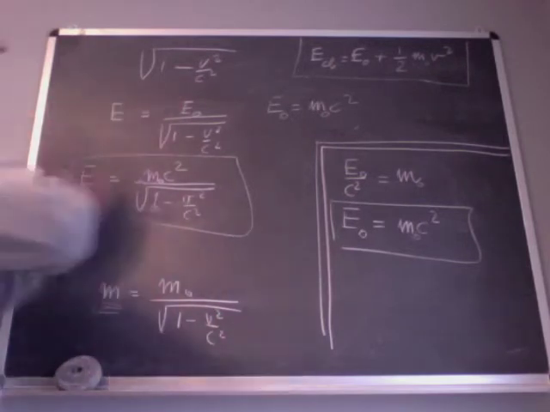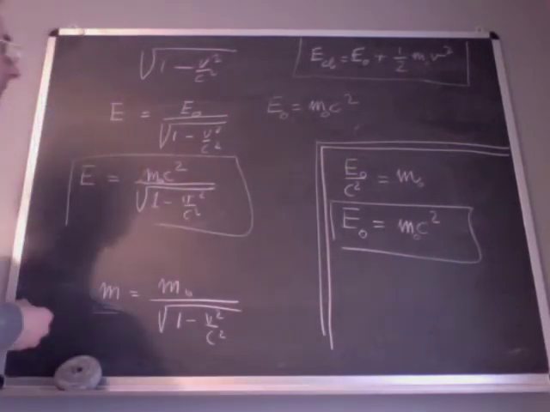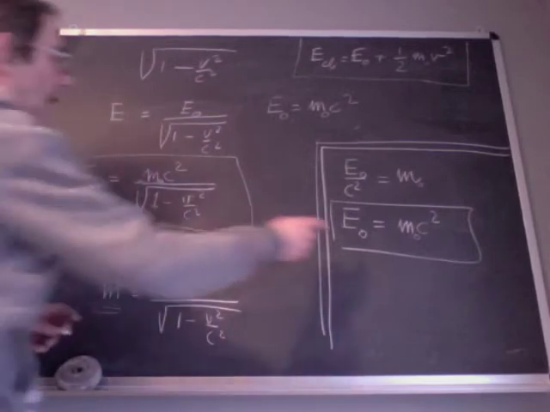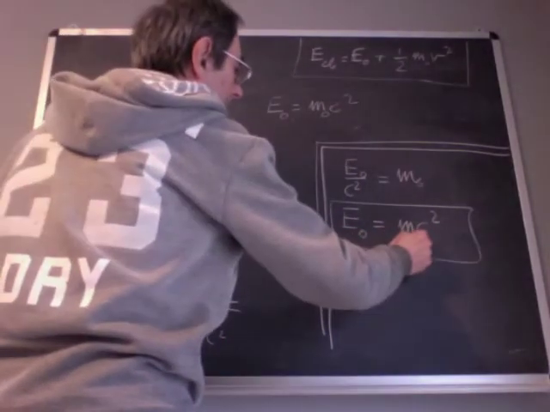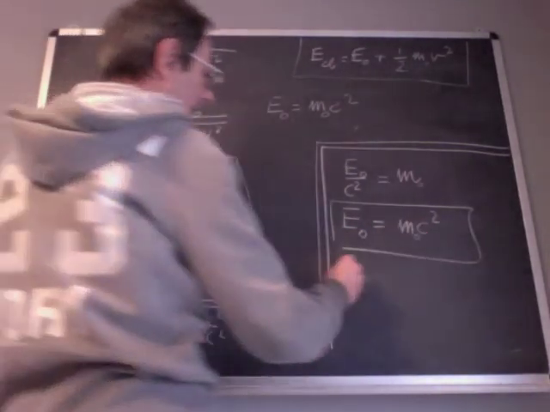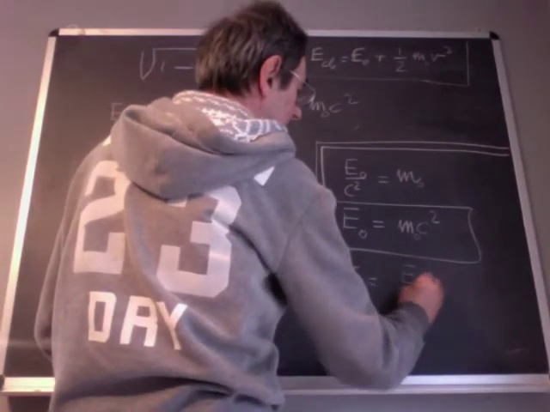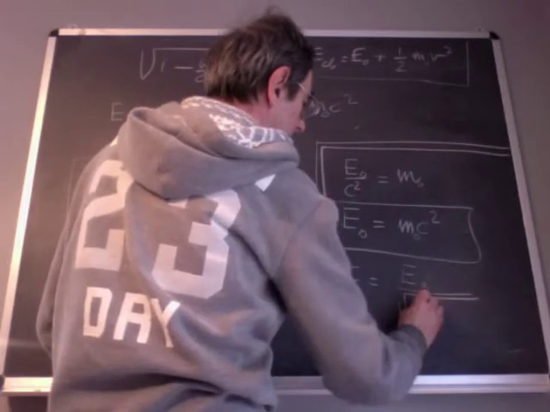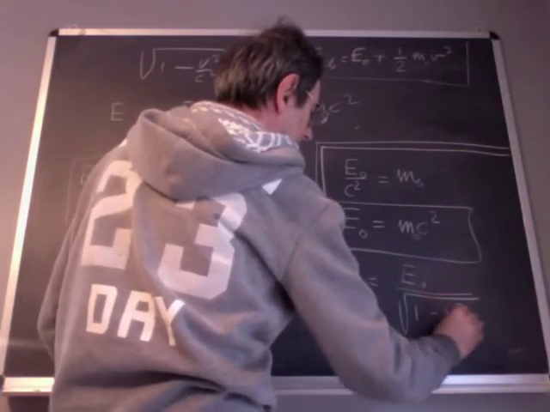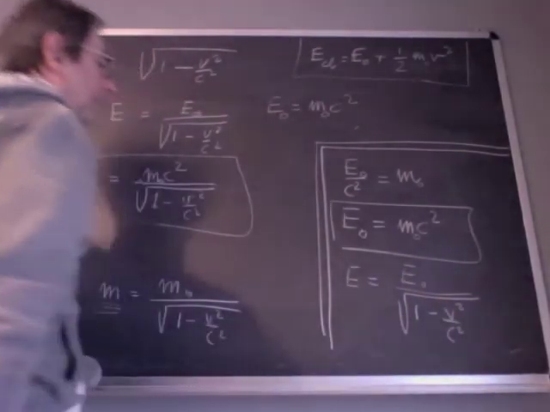Anyway, you can play with the equation as you want. The important thing is to remember that if you write that E0 is equal to m0 c squared, then the energy of the moving body is this.